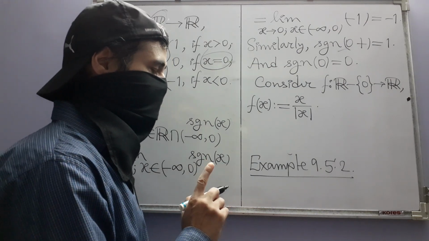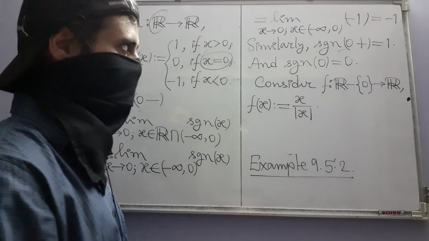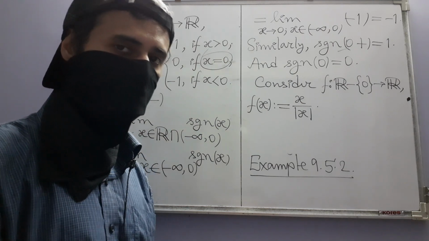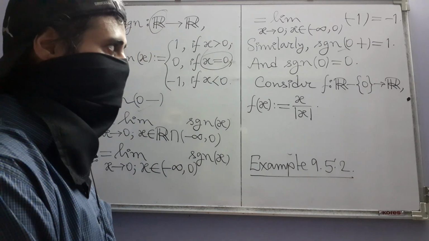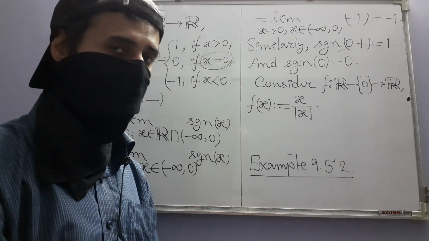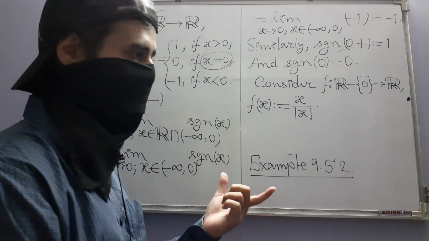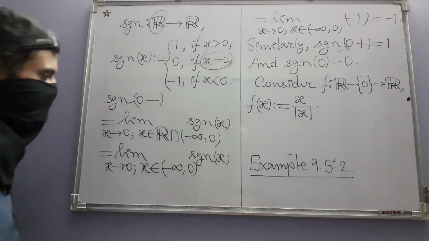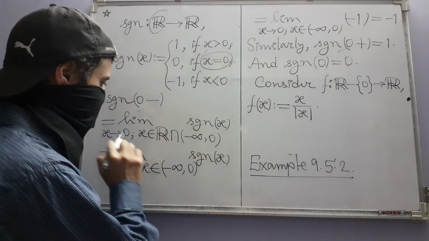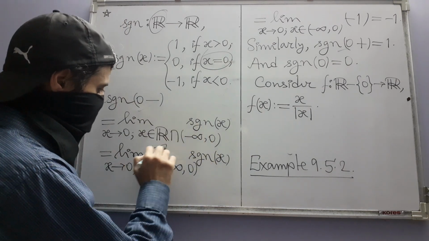Note one more thing, that the moment you say that I want to calculate the left limit of a function at a point, keep in mind that the point should be an adherent point of that set that we have in the definition of these one-sided limits. Was it the case here in this previous one?